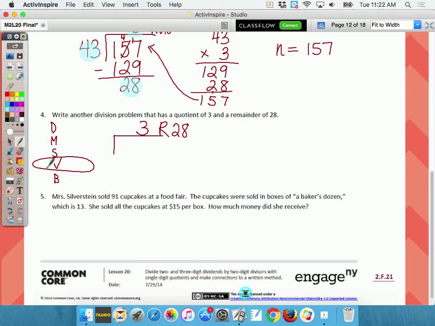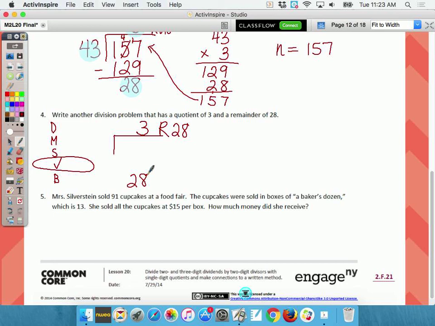Is my remainder lower than your divisor? That's what we're checking, right? So what's the only rule for a divisor here? If I already know my remainder is going to be 28, my divisor has to be larger or smaller than 28?